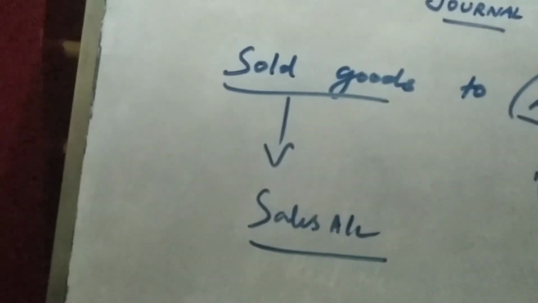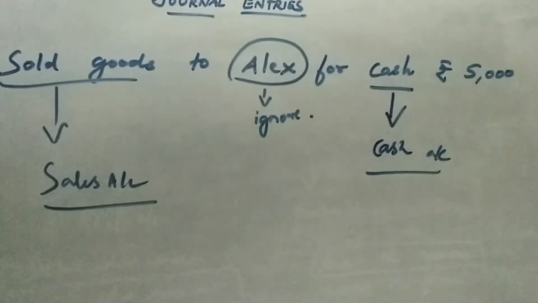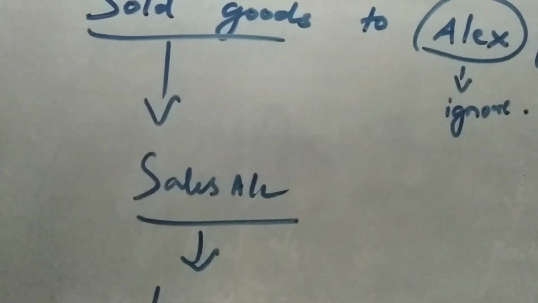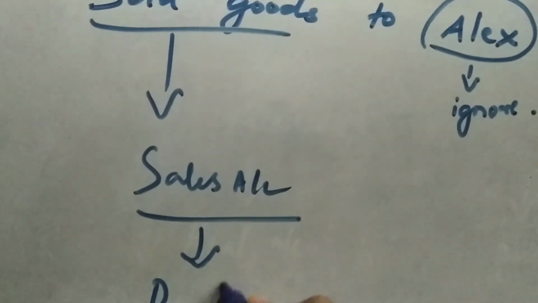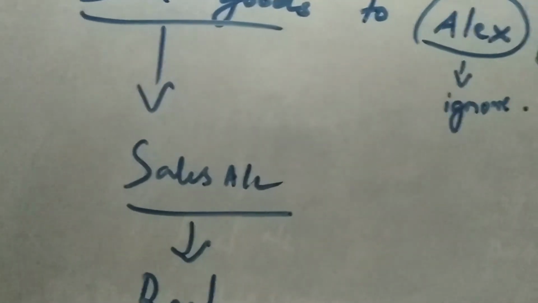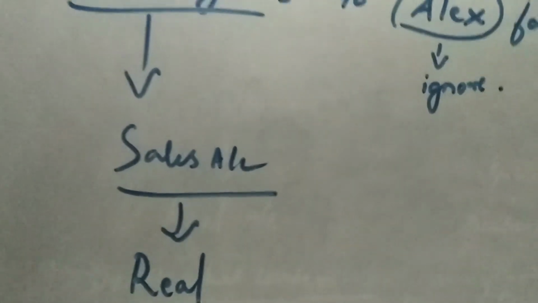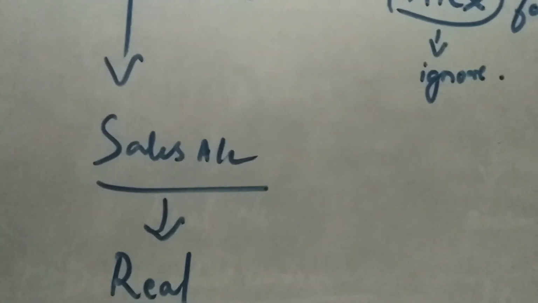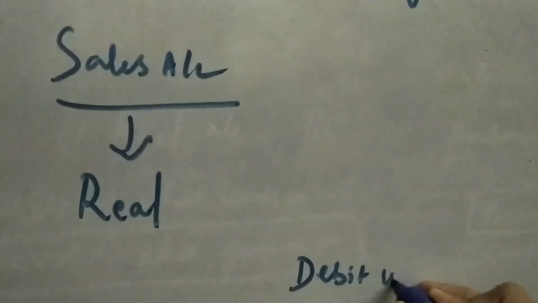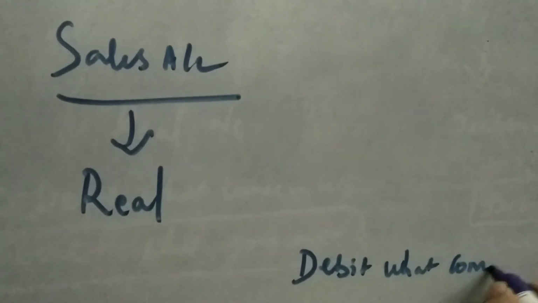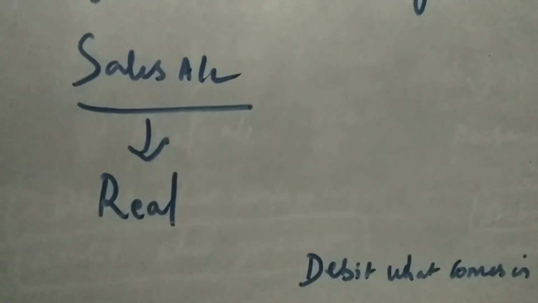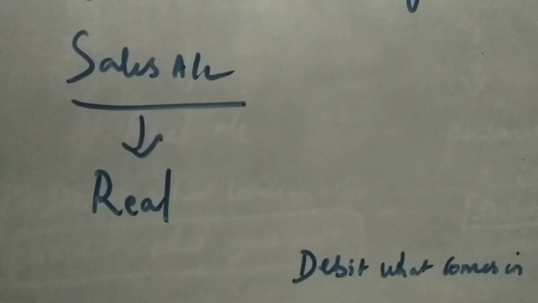So the two accounts involved here are sales account and cash account. Able to understand? Sales comes under real or nominal. I am going to take it as real. Cash also real. When we make a sale, we are going to receive cash. So debit what comes in, credit what goes out.